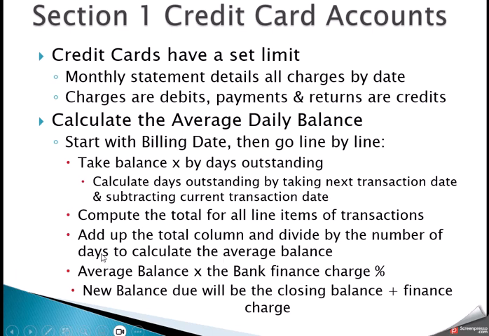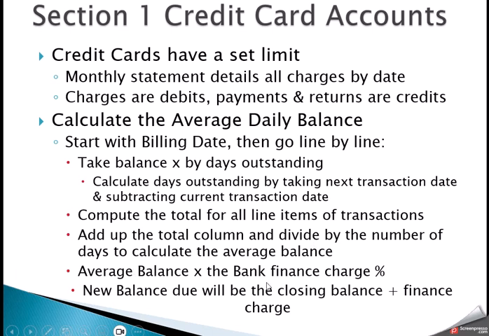When you add up your number of days, you always want to tie that back out to the month. If our credit card statement starts on January 10th and goes to February 10th, since January has 31 days, we would want to make sure our total days are 31. Then we'll calculate that average. When we take that total and divide it by the number of days in the billing cycle, we'll calculate out that average balance.